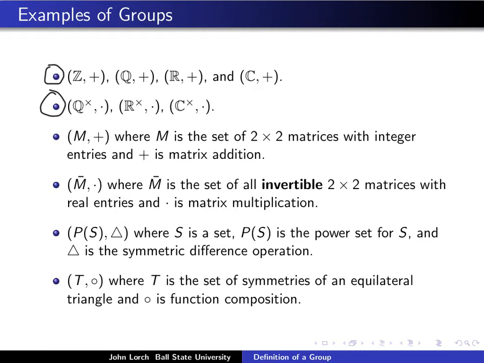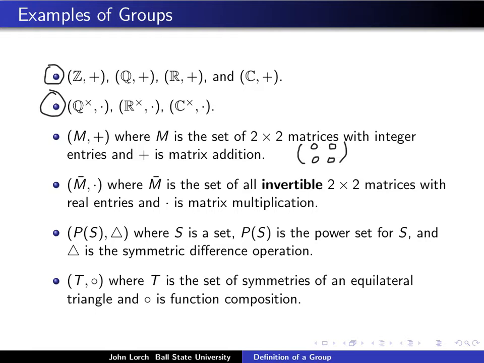We can think about M as being the set of all 2 by 2 matrices with integer entries, and if you let plus be matrix addition, then M comma plus is a group. And in this group, the identity would just be the zero matrix, where all the entries are zeros.